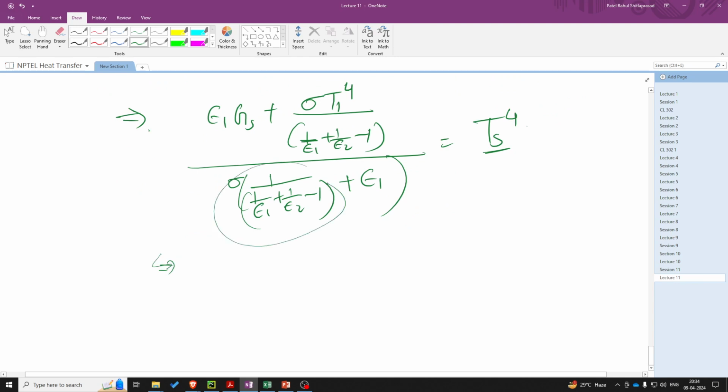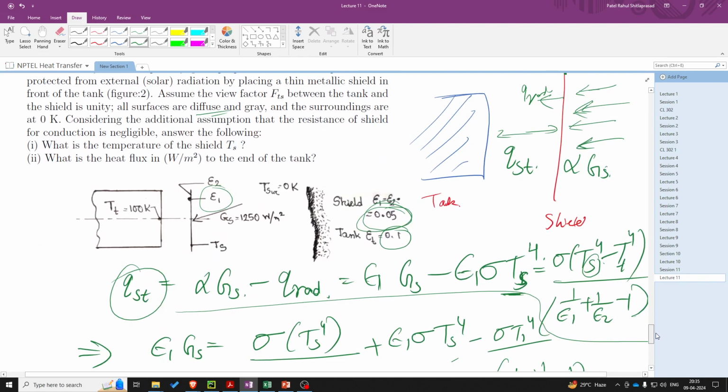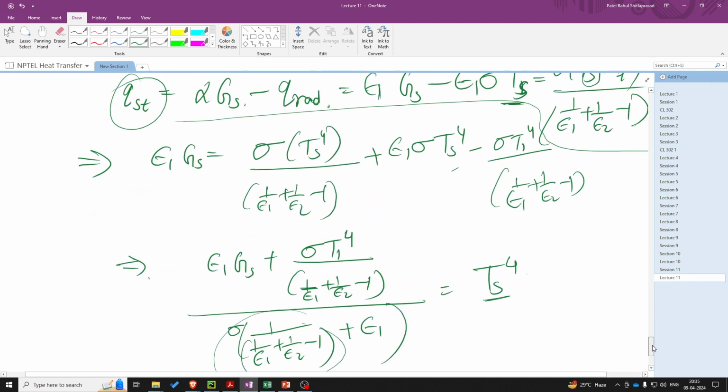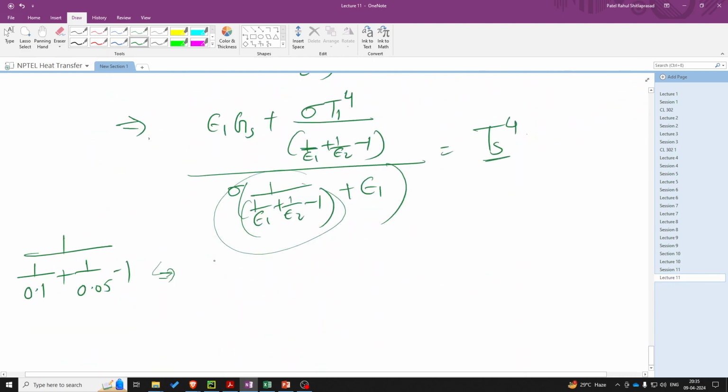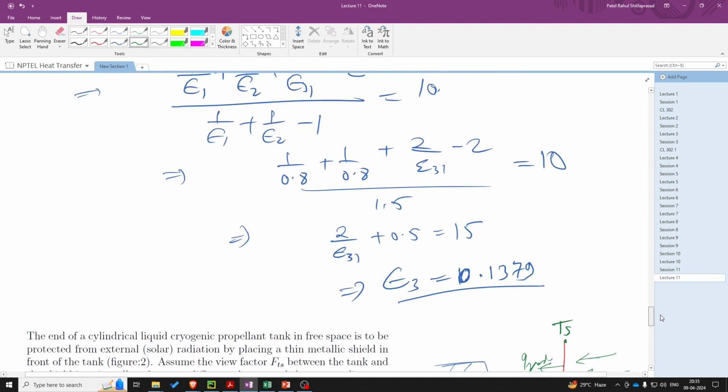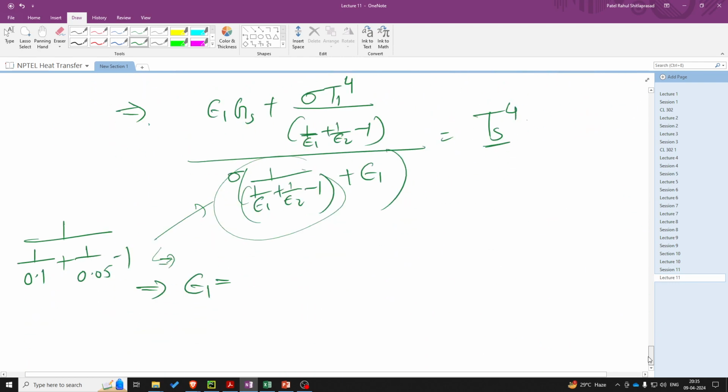So this denominator will be equal to 1 upon 1 plus 0.01 plus 1 plus 0.5. This value you can put over here.